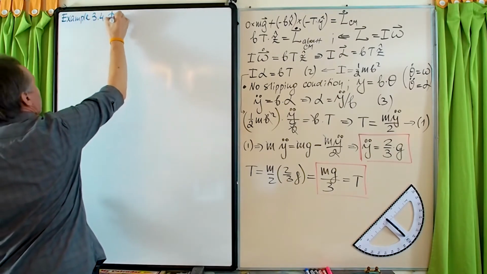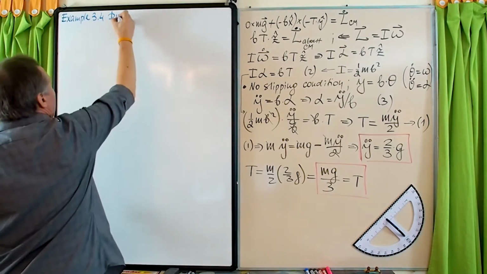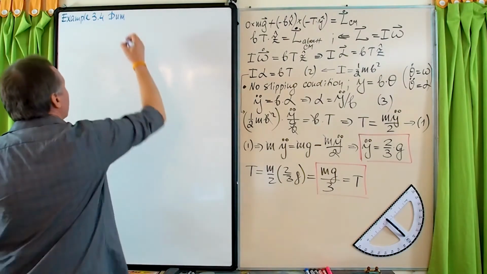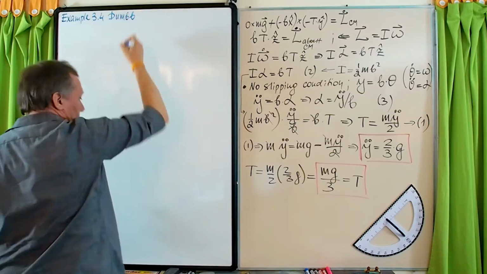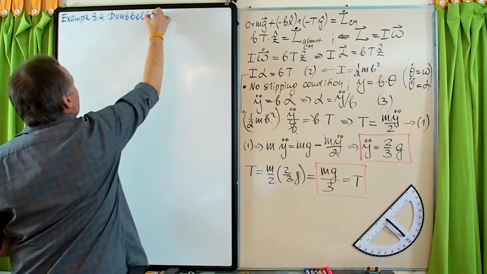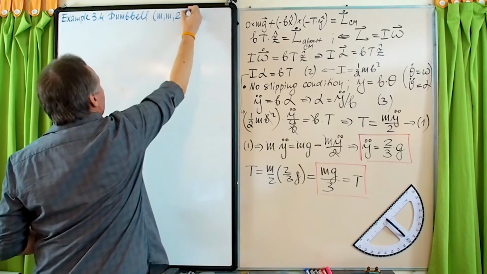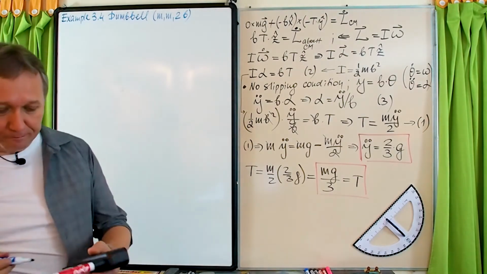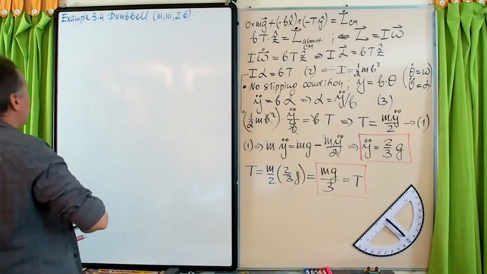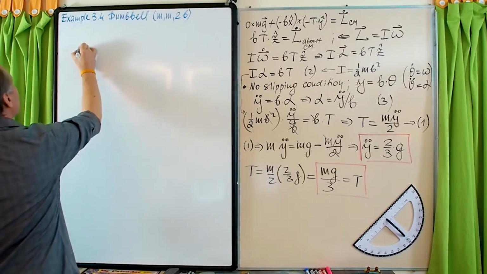So we have a dumbbell system. What is given? M, and the distance between them is 2b. M and M. Let me estimate the amount of space I might need.